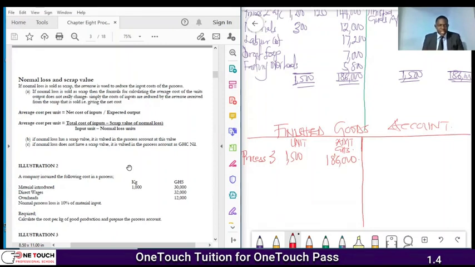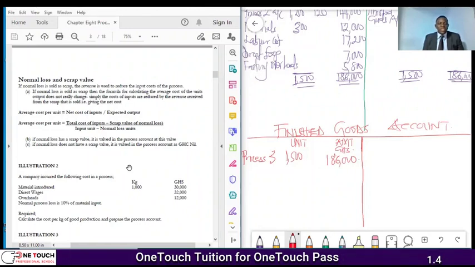That is A. If normal loss is sold as scrap, then the formula for calculating the average cost of the unit output does not really change. Simply, the cost of the inputs is reduced by the revenue received from the scrap that is sold, that is, the net cost.